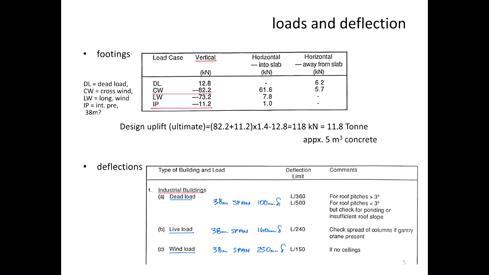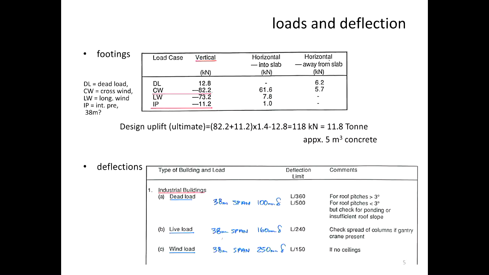So in this case, if you remember what you did for your assignment, you multiply 1.2 by G, is that correct? And 1.5 by Q. It's the same thing here. Usually we multiply the crosswind and the internal pressure by 1.4, and then you subtract the dead load, because the dead load is the resistance to the crosswind load. That gives you the equivalent overturning force to push that building over. Why is that important?